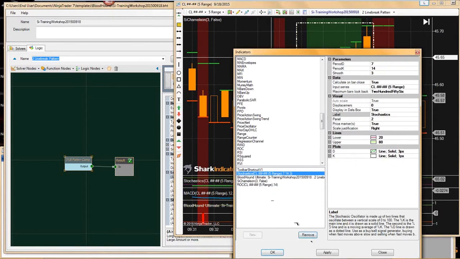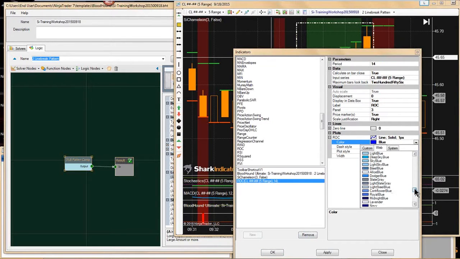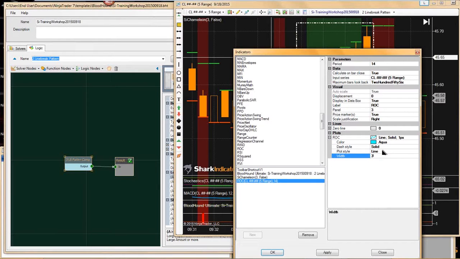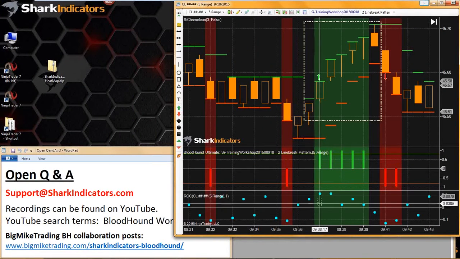I'm going to remove some of these other indicators on here. Okay, so we have a rate of change. I'm going to set the period. Can we set it to 1? We'll see what 1 does. It might need to be set to 2.